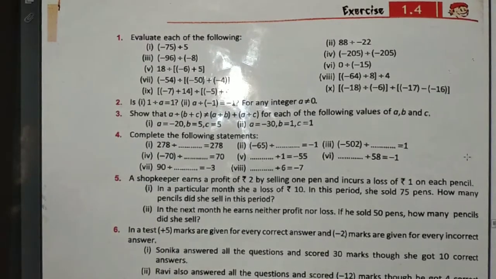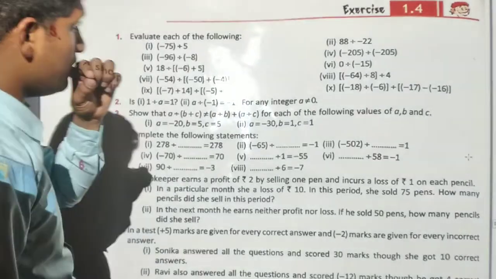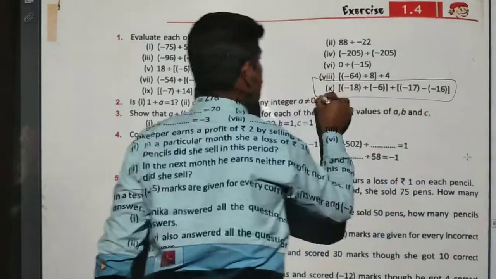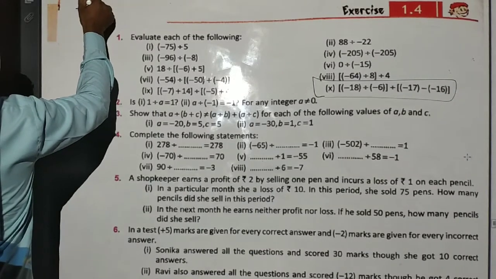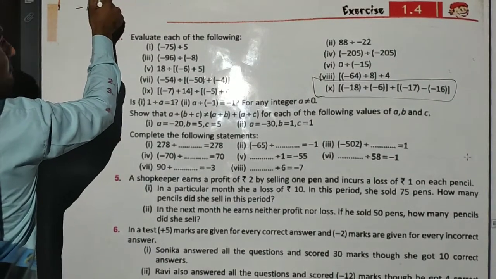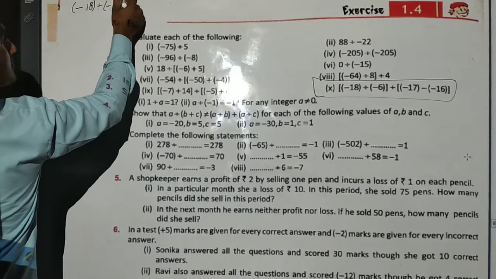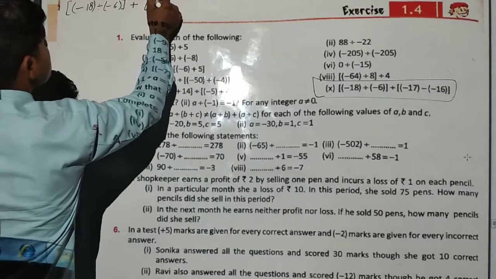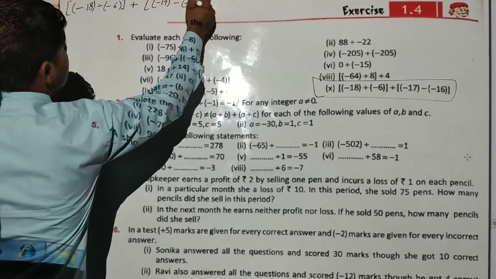Now take this question: minus 18 divided by minus 6, plus, in bracket, minus 17 minus 6.